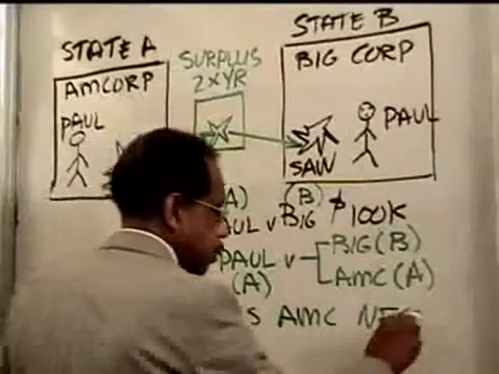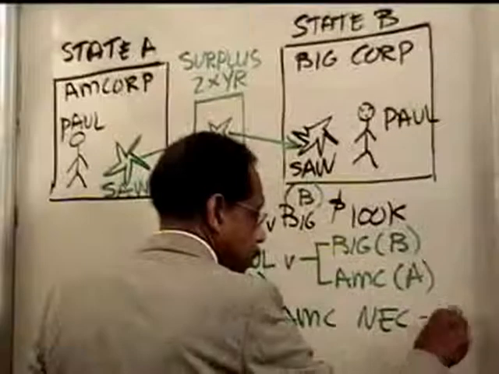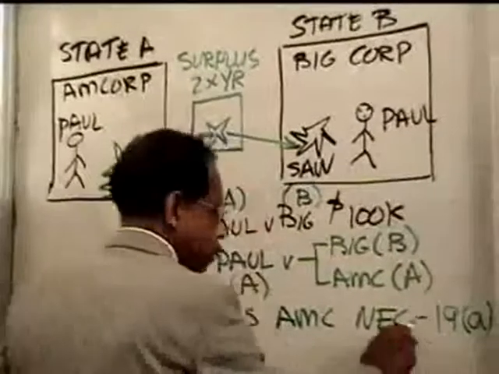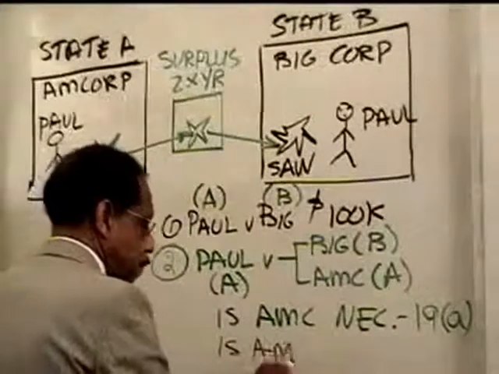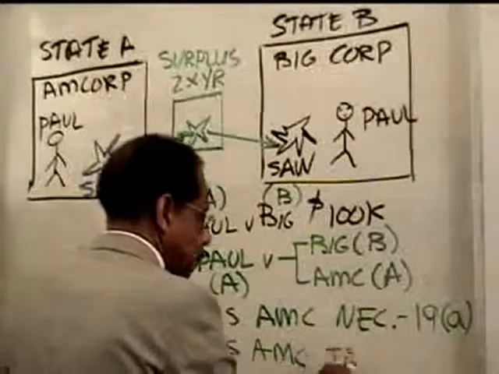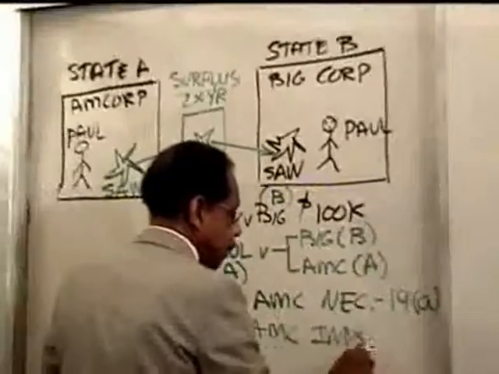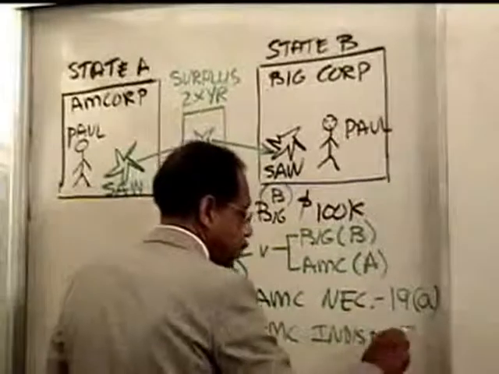And we'll use 19A for this. And secondly, is Amcorp indispensable? And we'll use 19B for this.